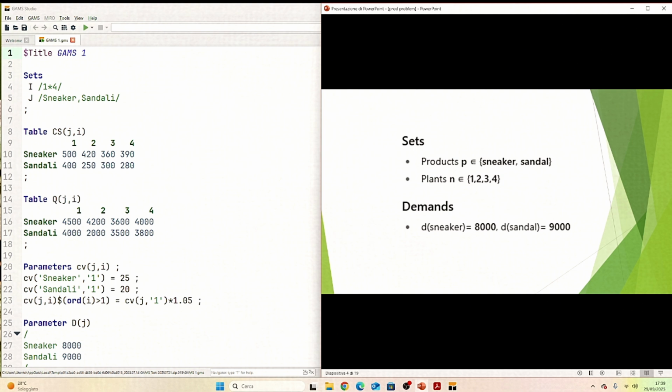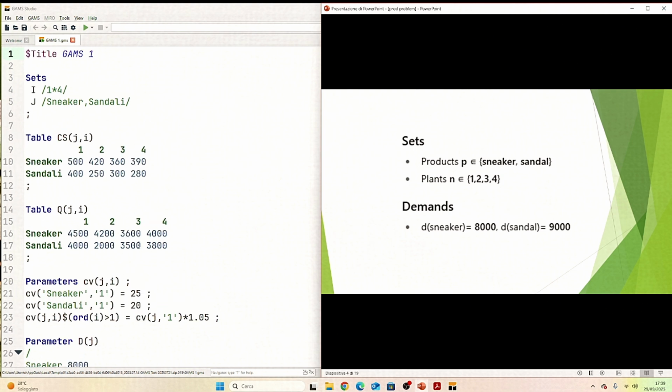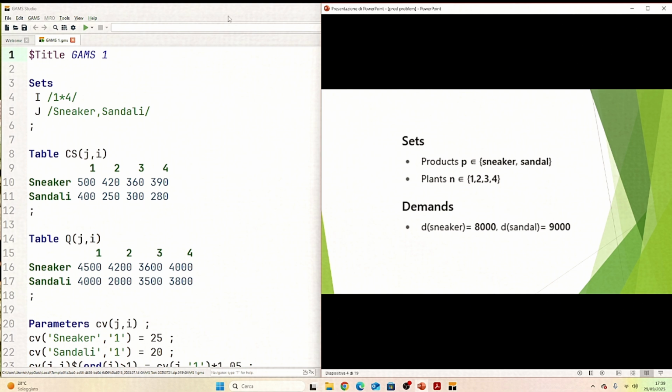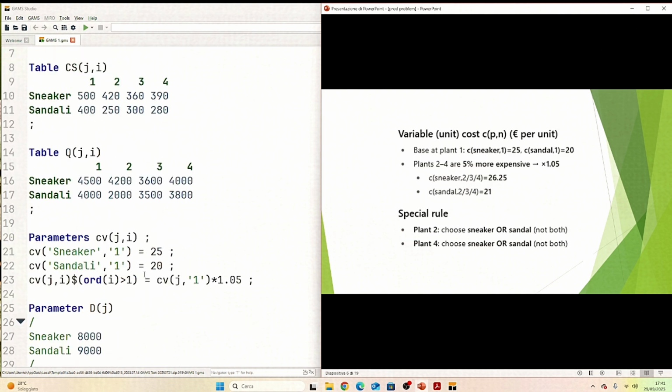Demands are fixed, so we have 80,000 sneakers and 90,000 sandals. Here we can see all the sets and data already written, with the sets and the 2 tables with the respective demands.